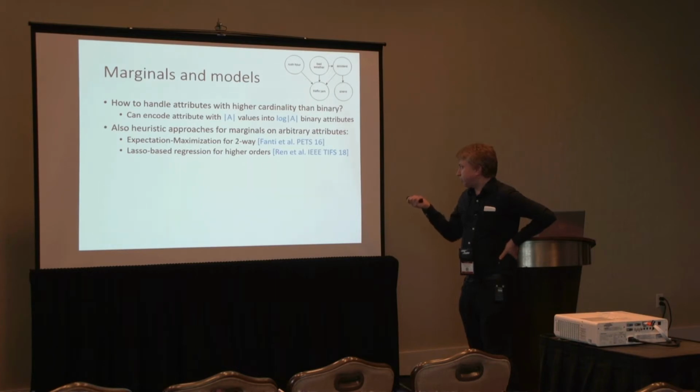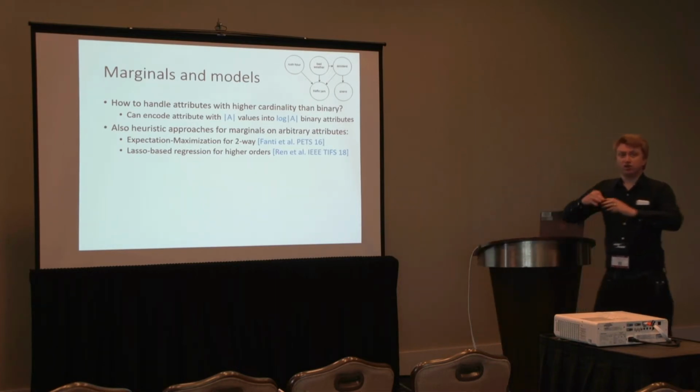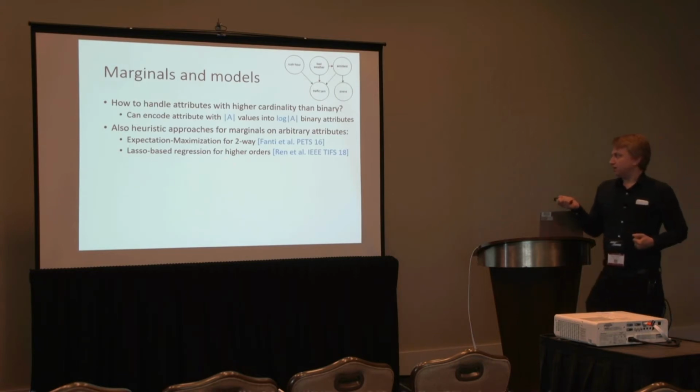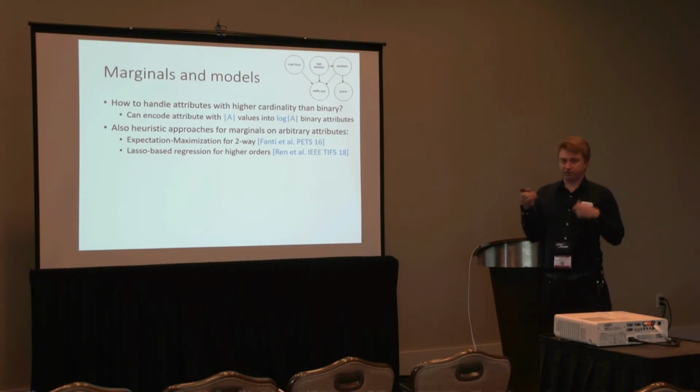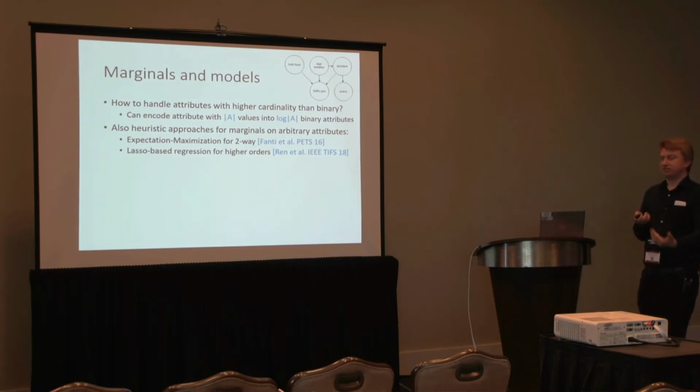Another paper, more recently published in a journal, says, well, if you look at higher order data, you run into a scalability issue because higher order marginals are potentially much larger numerical objects, except that from the data you collect, you only get so many reports, so you're relatively sparse. They propose essentially a regression method that takes account of that sparsity.